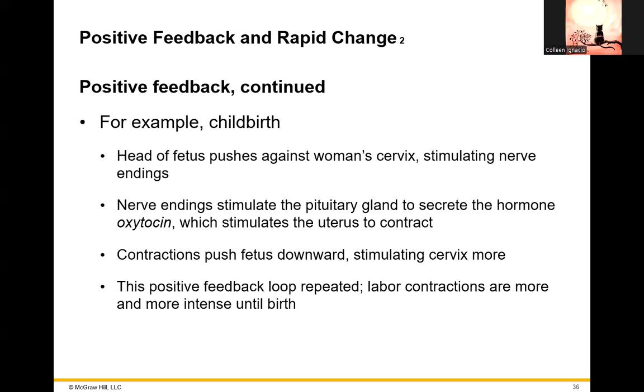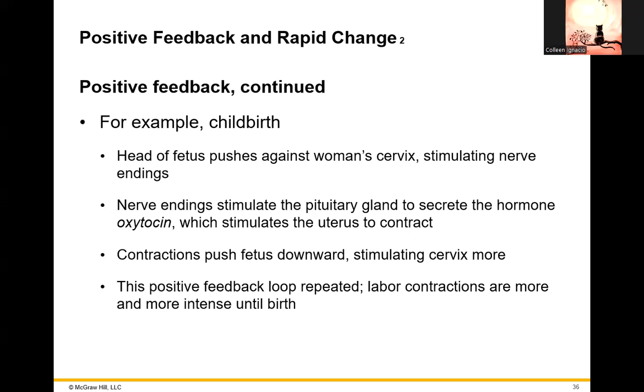Now, with this positive feedback, these contractions push the fetus downward, and that stimulates the cervix even more. The cervix is the opening through which that fetus has to get through, and the magic number is 10, right? The cervix has to be dilated to 10 centimeters so that the head can go through the birth canal.